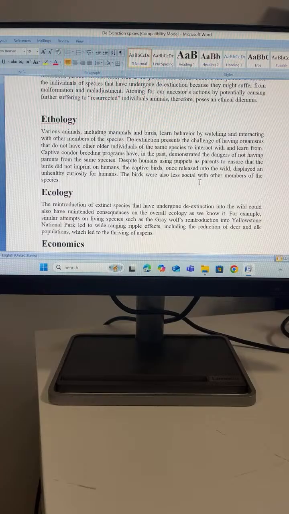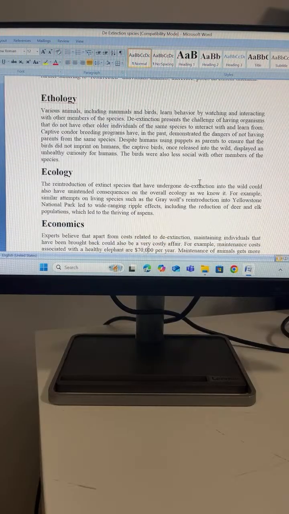Despite humans using puppets as parents to ensure that the chicks do not imprint on humans, the captive birds, once released into the wild, displayed an unhealthy curiosity for humans. The birds were also less social with other members of the species.